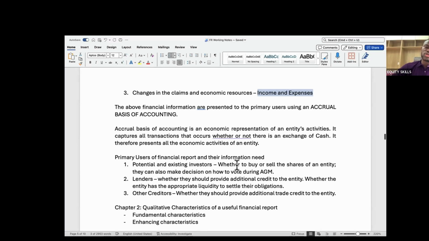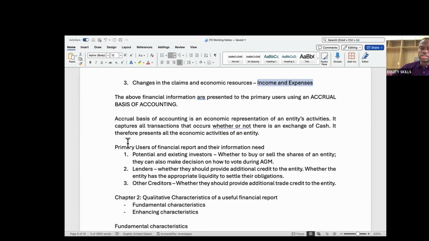That objective also talks about the primary users, who are the potential and existing investors, lenders, and other creditors. And this set of guys majorly need this information to make decisions. The investors will want to make decisions on whether they should buy or sell the shares of an entity.